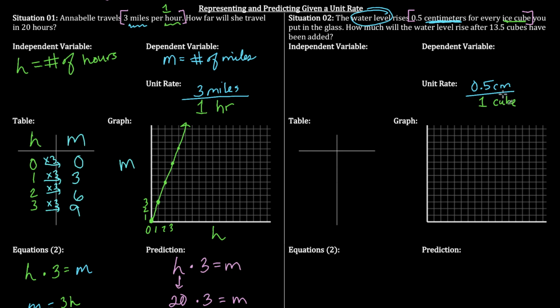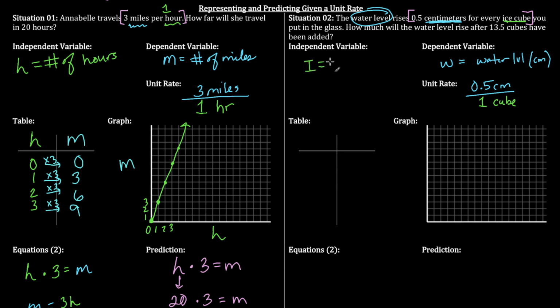So ultimately we're concerned with the rise in water level. So I'm going to use W for water level. And we measure that in centimeters. That will depend on the number of ice cubes.